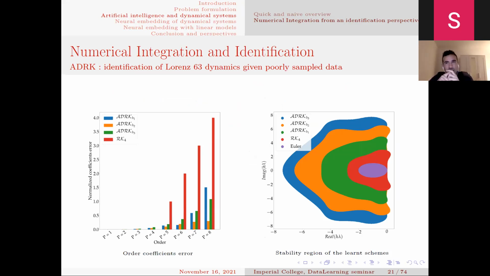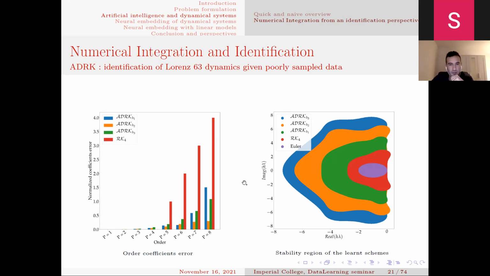If the observations are mainly dominated by an advection process, the integration scheme will be more stable towards the imaginary axis of the stability region. Also, if stability constraints are not necessary because the observations are generated from some kind of slow dynamical system, then instead of increasing the stability region, the integration scheme actually increases the order of integration, which makes the solutions more precise.